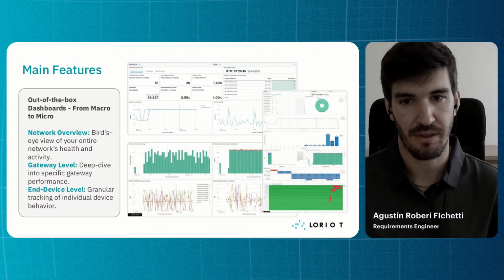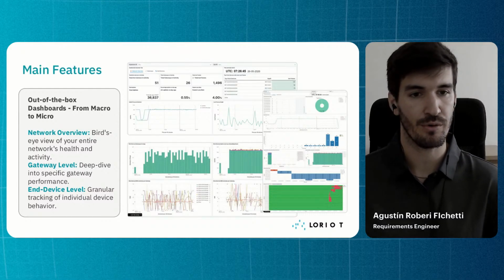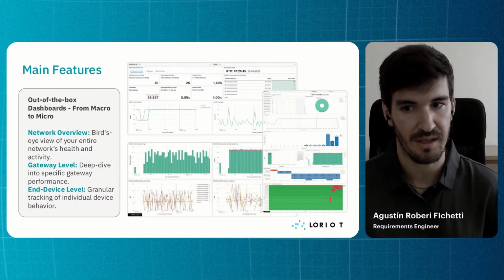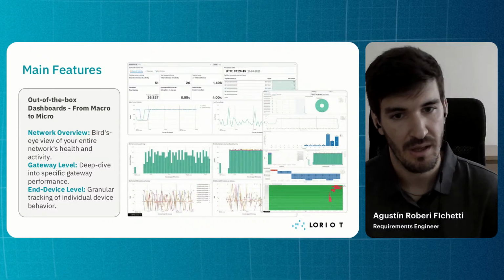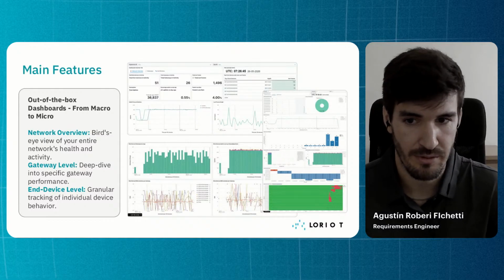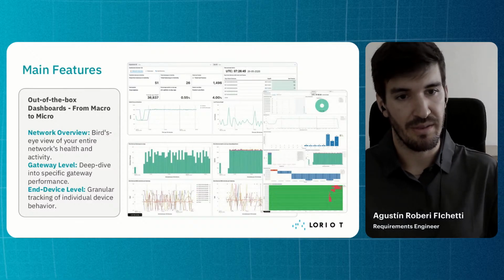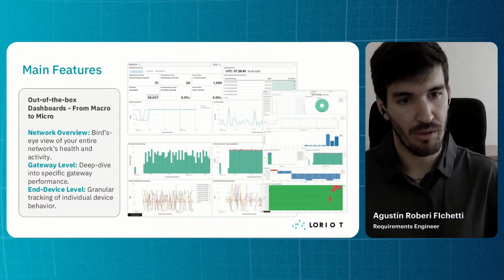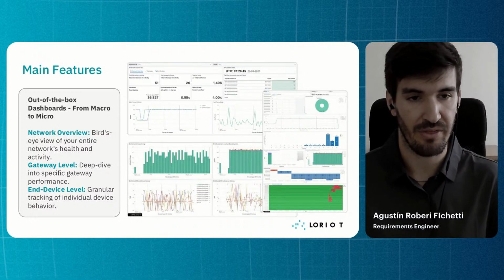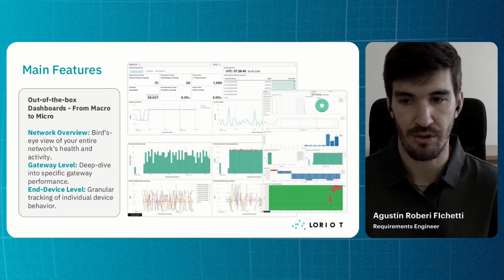So the first thing we saw was the network overview dashboard, which is prepared to give you a high-level view of the entire network and to see the overall health and activity in the network. Then you have the gateway level dashboard, which allows you to look at a specific gateway and dive into its performance and gain insights on that.